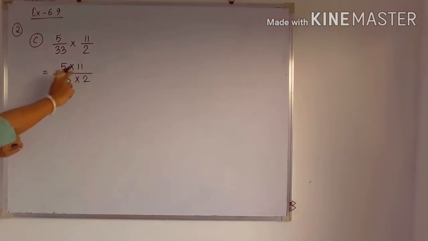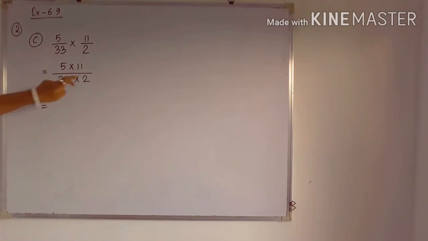But see, 11 and 33 have a factor in common. 11 1s are 11 and 11 3s are 33. That means 11 comes in the table of 11, and 33 also comes in the same table.